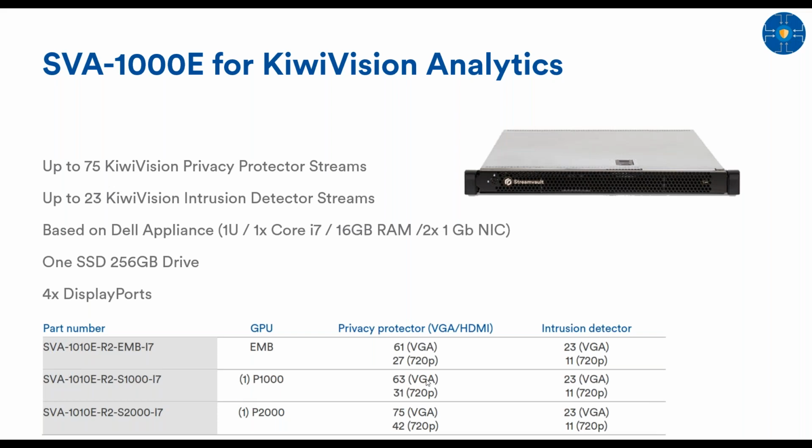So it should be coming pretty soon, and we will see a bit of a better difference in the number of streams that we can do. Right now, you might not see the advantage of paying more for about 10 or 15 extra streams of privacy protector. But bear in mind that eventually these numbers will increase a bit more, especially for the intrusion detector part.